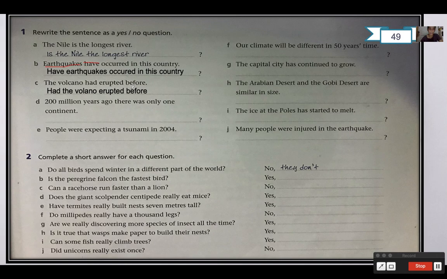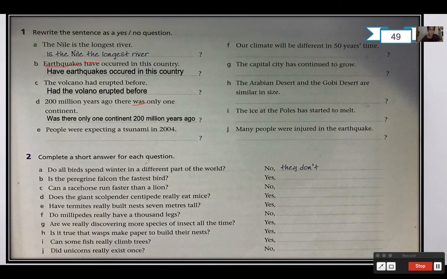Had the volcano, excellent, a roof before. Okay? Letter D. 2 million years ago, there was only one continent. How would that be? Excellent. Was there only one continent 2 million years ago? So that's it. You have to do the next ones.